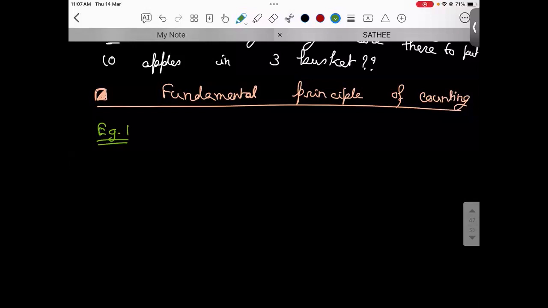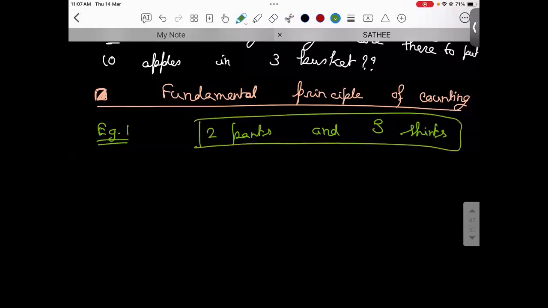So you have 2 pants, usually people have fewer pants and more shirts. So you have 2 pants and 3 shirts.